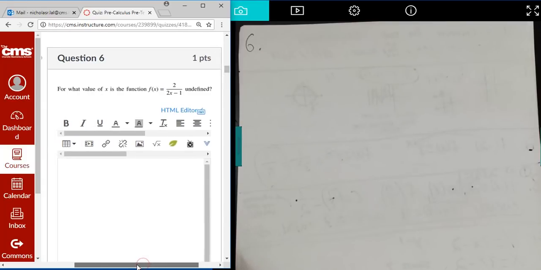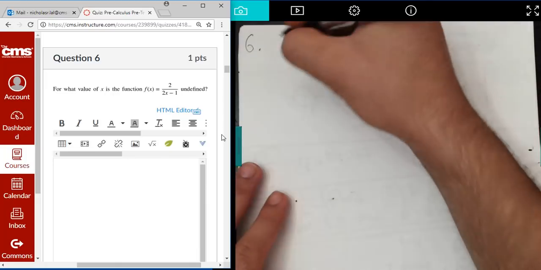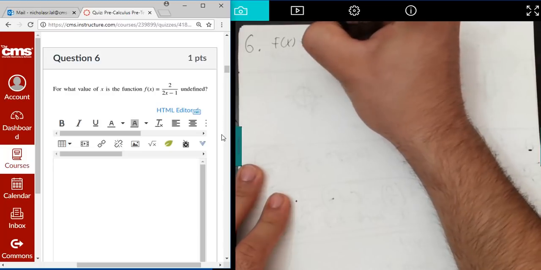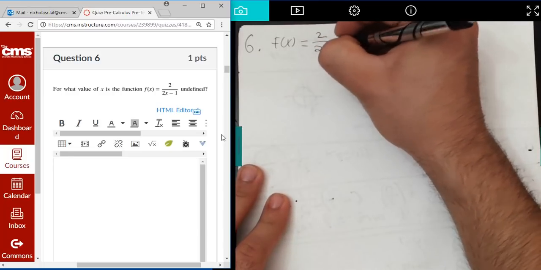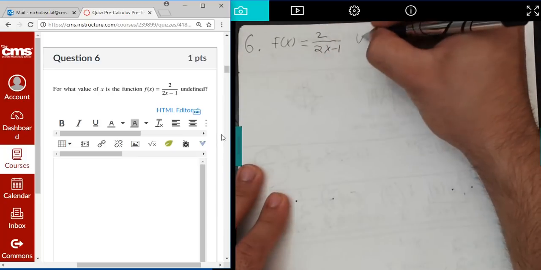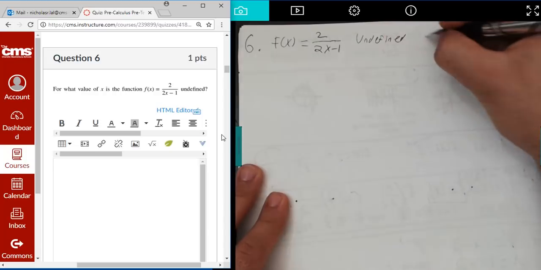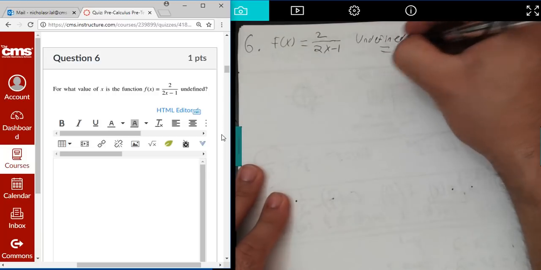For what value of x is the function f of x equals 2 over 2x minus 1 undefined? So f of x equals 2 over 2x minus 1, and it's undefined when the denominator equals 0.